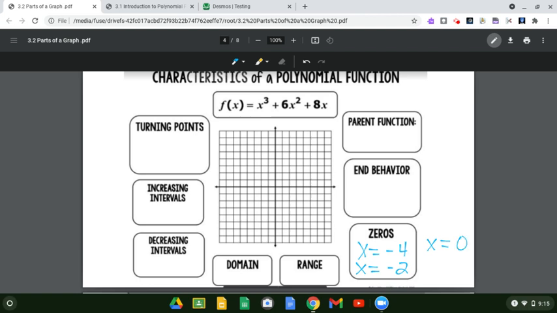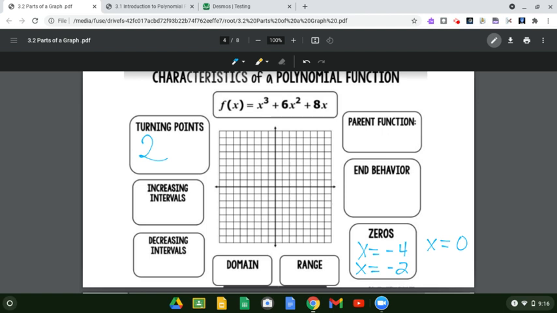Or I could have written them as ordered pairs like they're given to you in Desmos. Now the number of turning points. Remember yesterday we said turning points is degree minus 1. So 3 minus 1 is 2 turning points. We know it's a cubic polynomial.